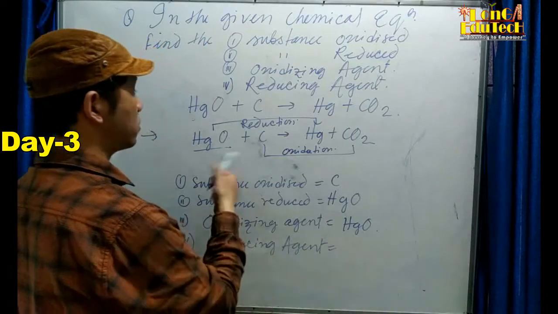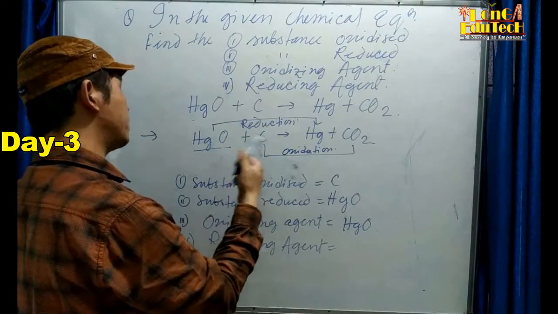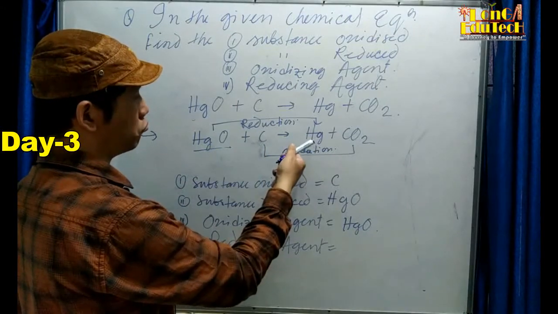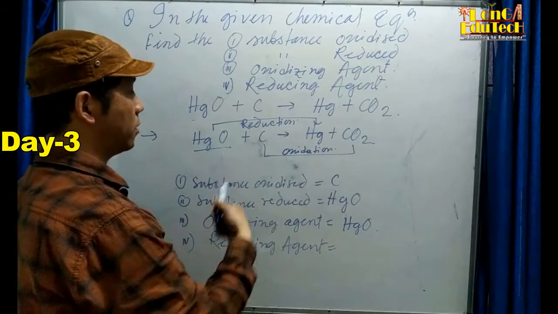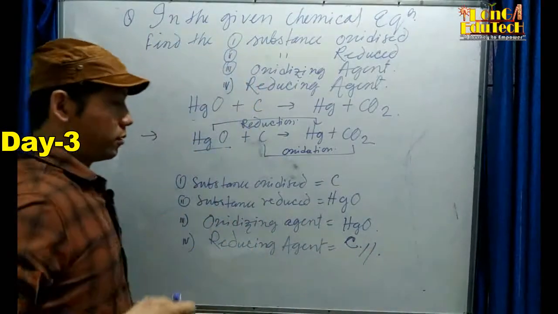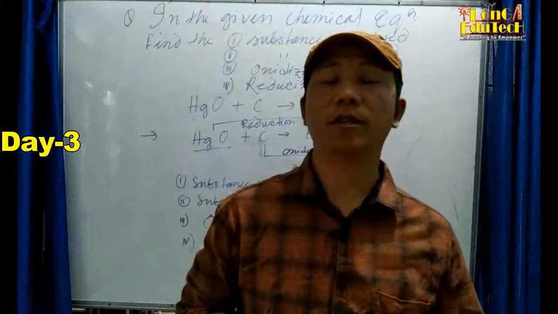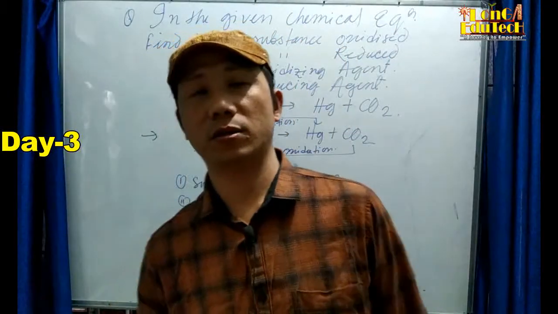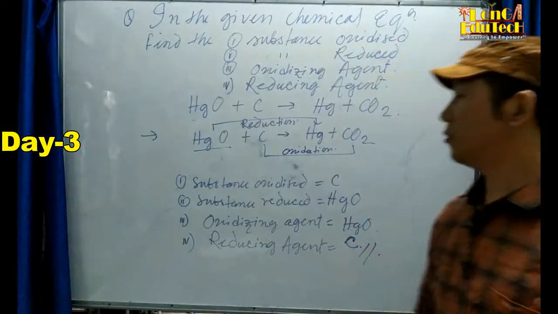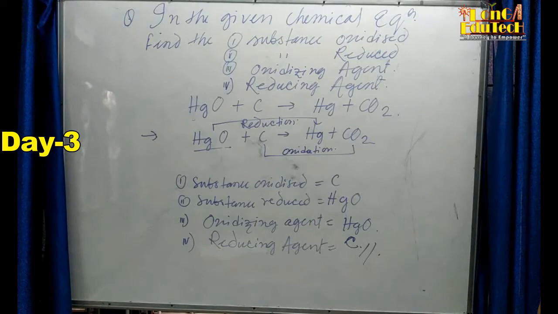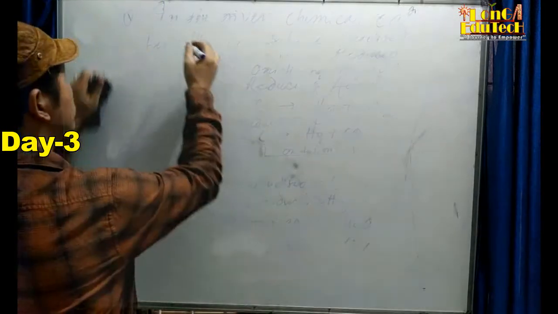Because of whose presence does mercury oxide lose oxygen and get reduced to mercury? Carbon, right? So this will be carbon. These things you have to keep in your mind, the oxidizing agent and reducing agent. So this is all about oxidation and reduction.